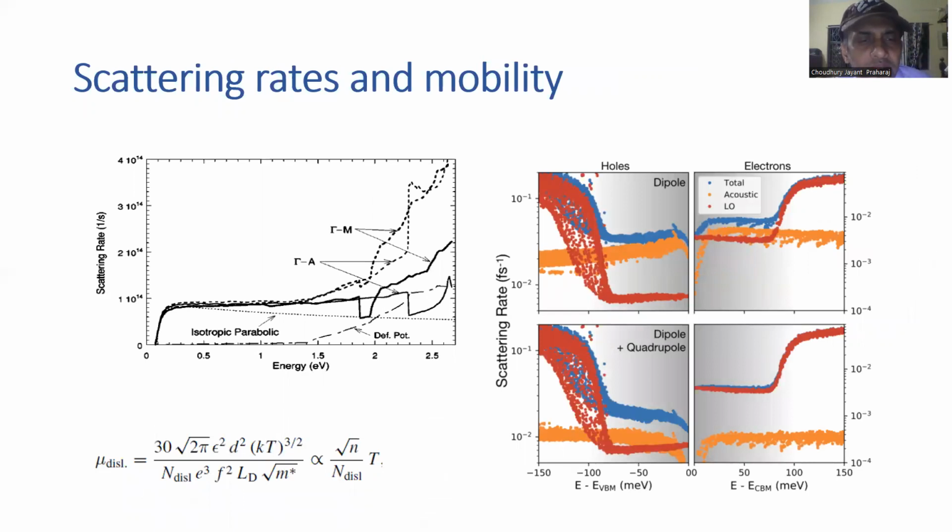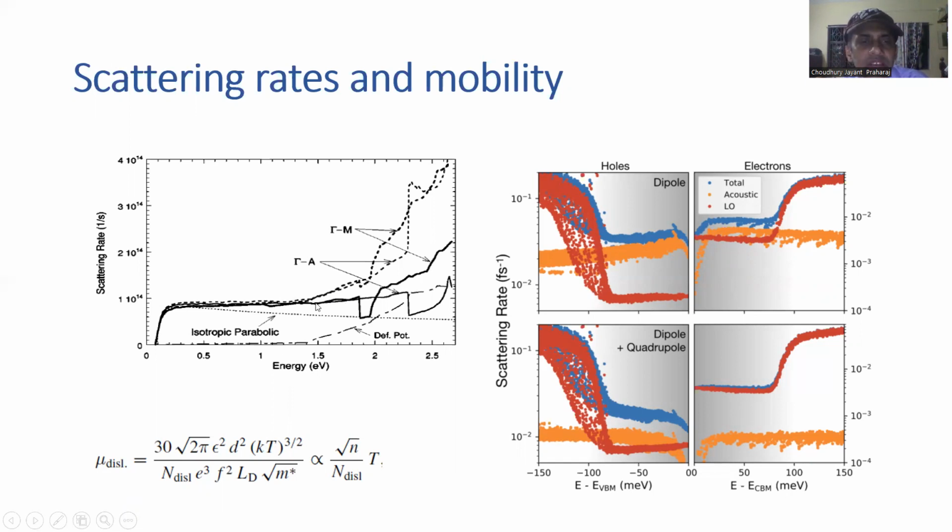This slide shows some physics of scattering rates and mobility in these semiconductors, and it shows the scattering rates and mobility of electrons and holes. And you can see there are different scattering mechanisms. There is acoustic phonon scattering, there is optical phonon scattering, and intervalley scattering in these materials, and you have different kinds of scattering rates as a function of energy.